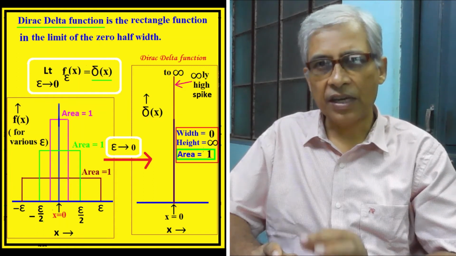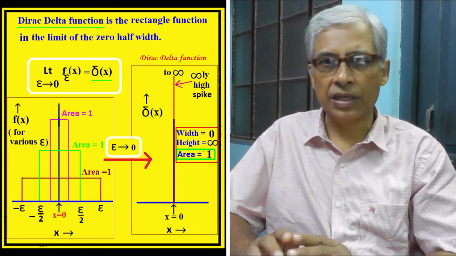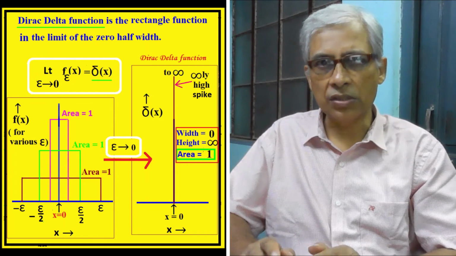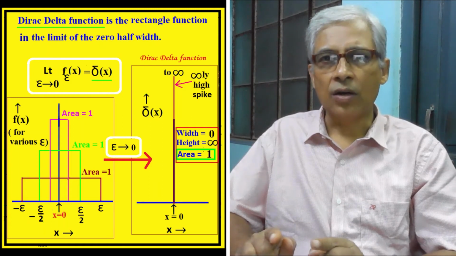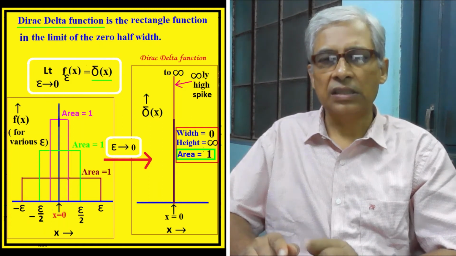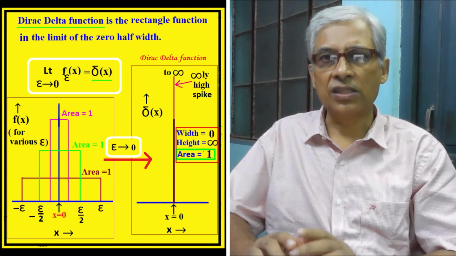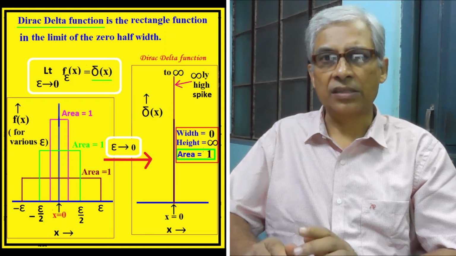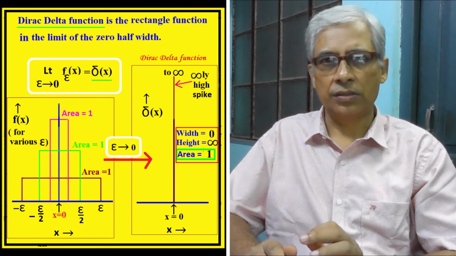The significant achievement is that we have been successful in our mission of arriving at the origin x equal to 0, starting from a rectangle, and in the end, what we have got is the Dirac Delta function. The only thing we have insisted is to keep the area constant at unity. Unity being our choice.